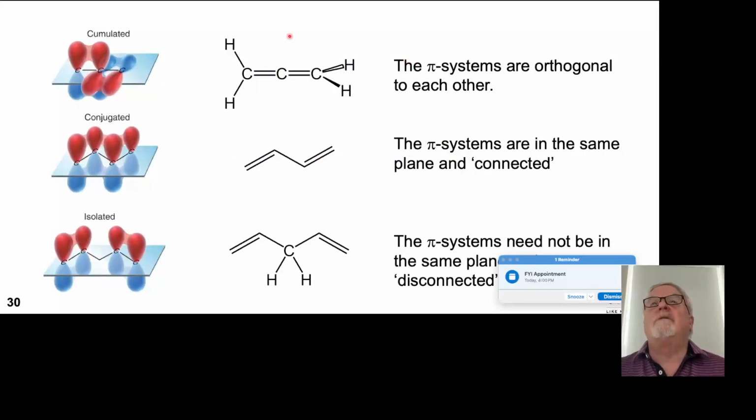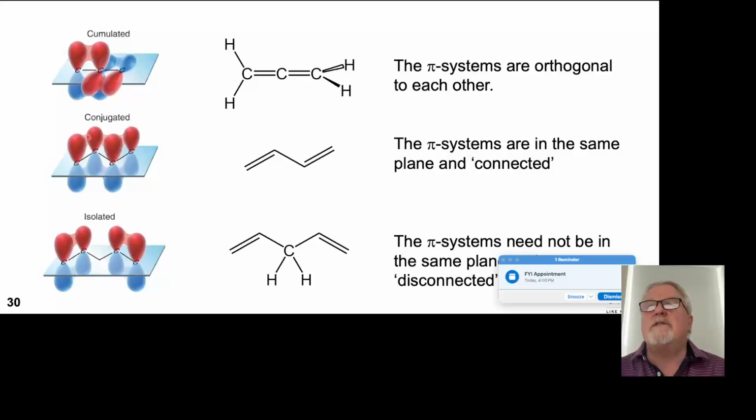So recall our diene systems. The cumulated diene system cannot communicate because they're at 90 degrees to each other. The isolated diene system cannot communicate because we've broken up the overlap of p orbitals by sticking in an sp3 hybridized atom in there. That cannot contribute a p orbital to the pi system.